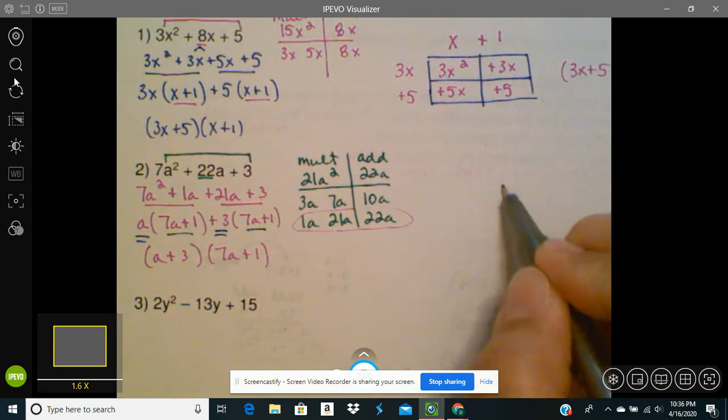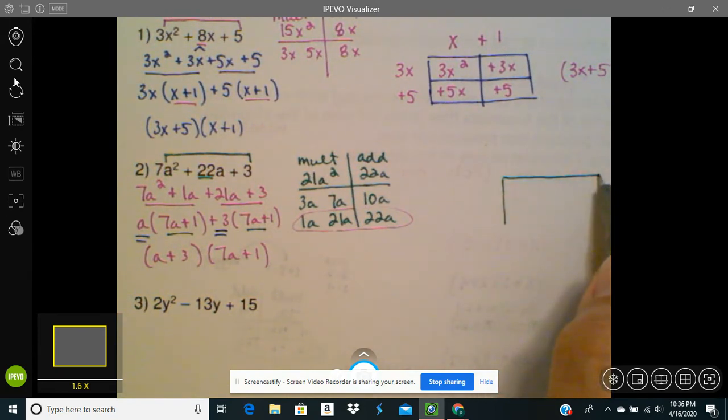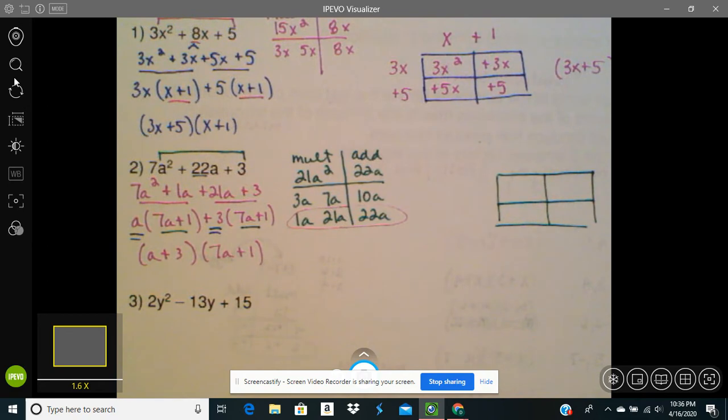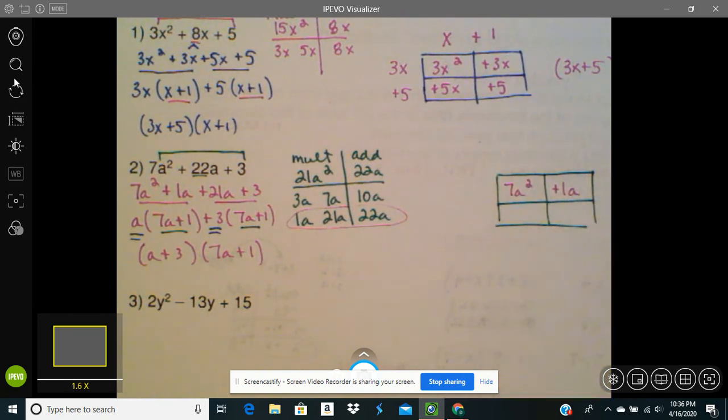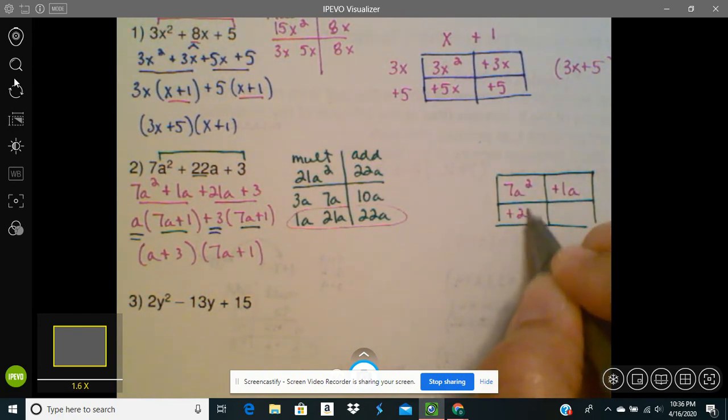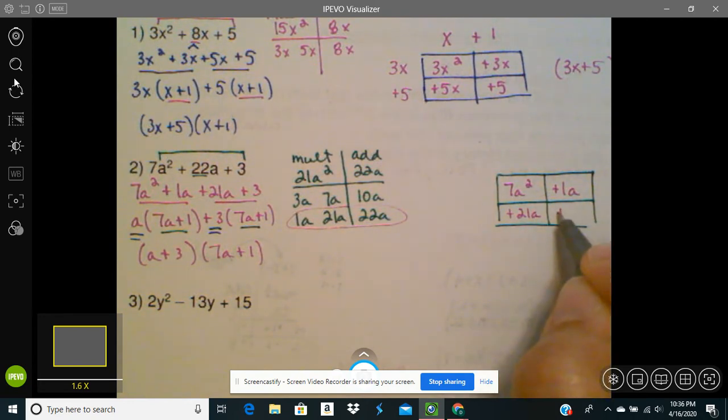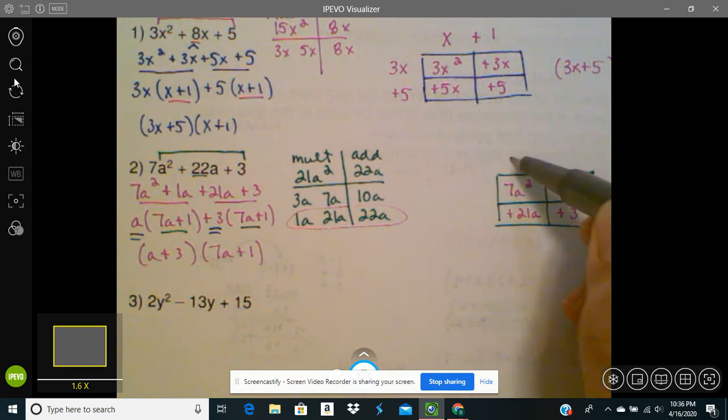I'm going to do this just for those of you that prefer the box method. All right, so let's look at what they have here. My terms are 7a squared plus 1a plus 21a plus 3. The greatest common factor here is 7a.